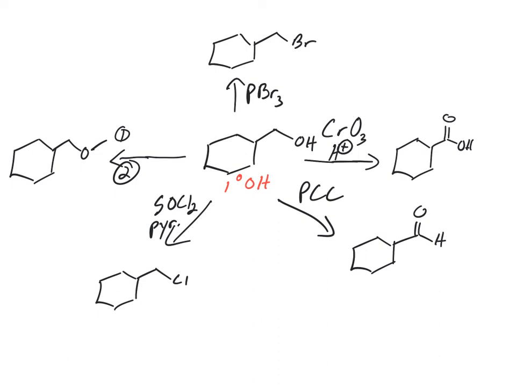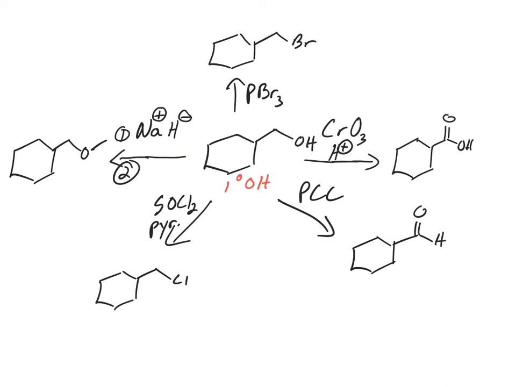The tougher one is this one. So we're going from an alcohol to an ether, so we're actually trying to add a carbon. A way to do that is using a reagent called sodium hydride. We're using the hydride in this case as a base. So this H minus is going to deprotonate and make an O minus, and that O minus is going to be a good nucleophile.